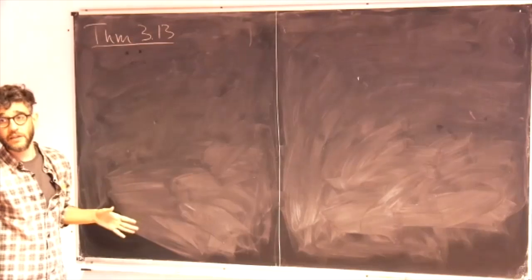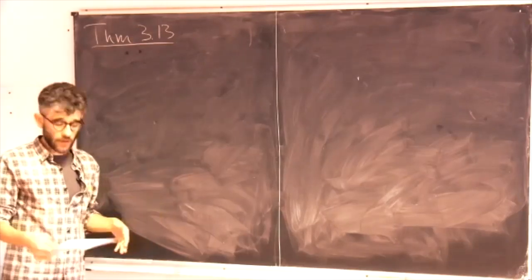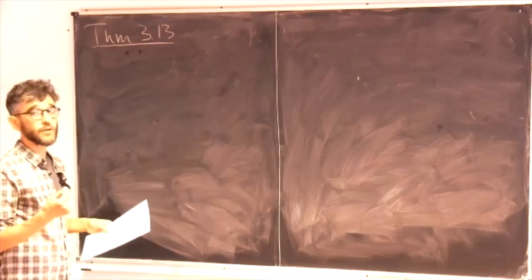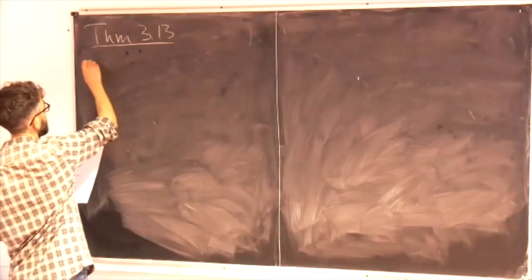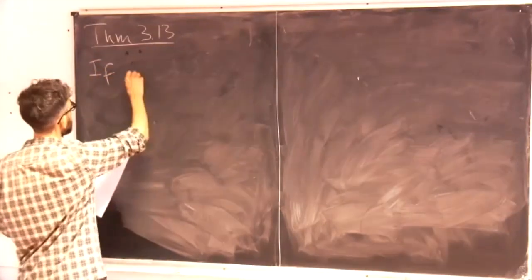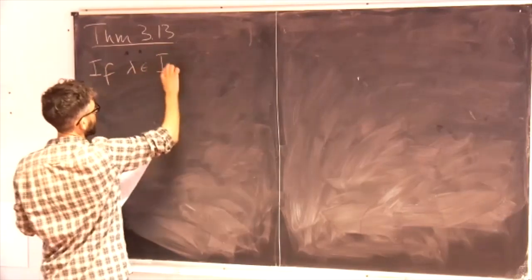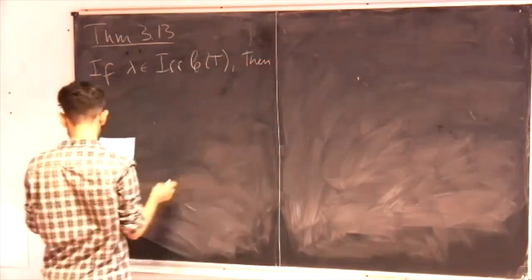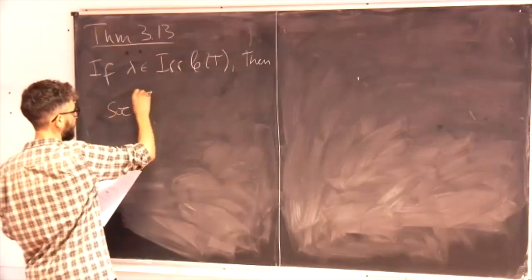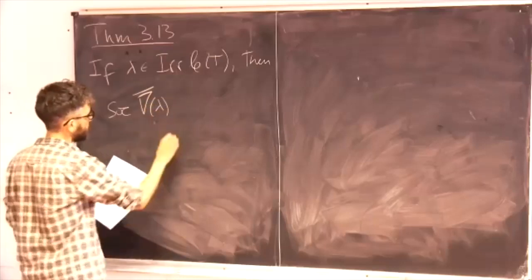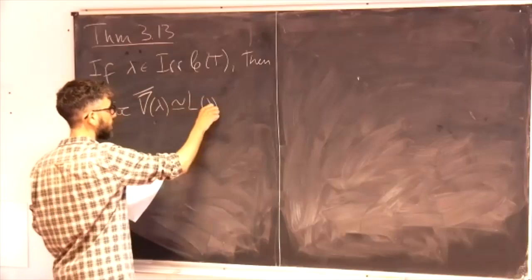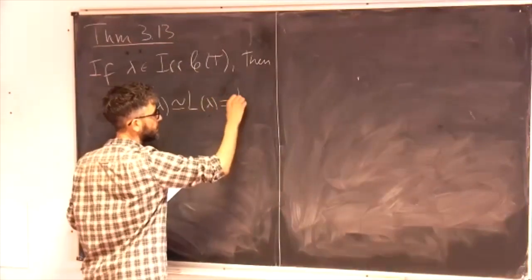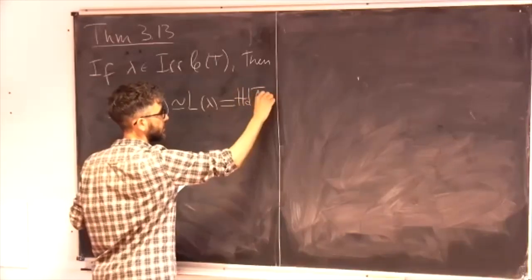They are the L lambda, and they give a classification of the simple modules of A. In the case of the proper co-standard modules, it says more or less the same, but instead we have to take the socle. The precise statement: if lambda is a simple T module, then the socle of the proper co-standard module of lambda is isomorphic to L lambda. So it is simple, and isomorphic to L lambda, which I recall is the head of the proper standard module.